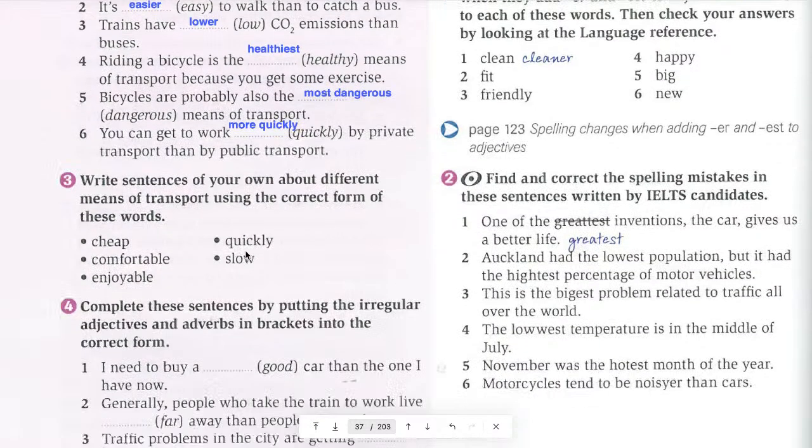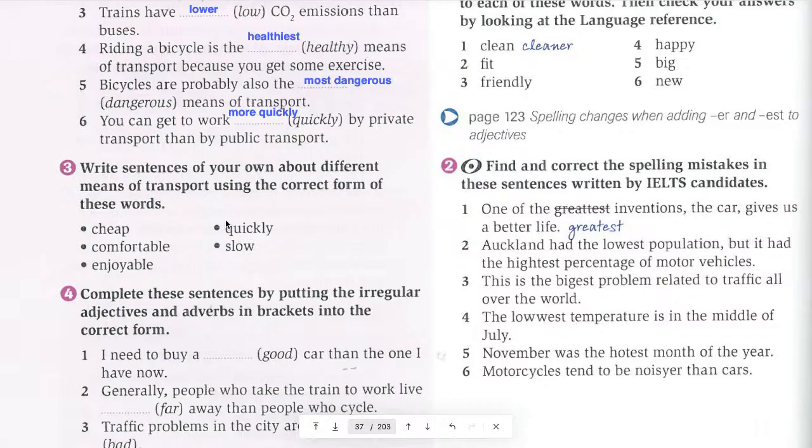Write sentences of your own about different means of transport using the correct form of these words. So we have 5 words: cheap, comfortable, enjoyable, quickly, and slow. Now think about 5 sentences. Okay?